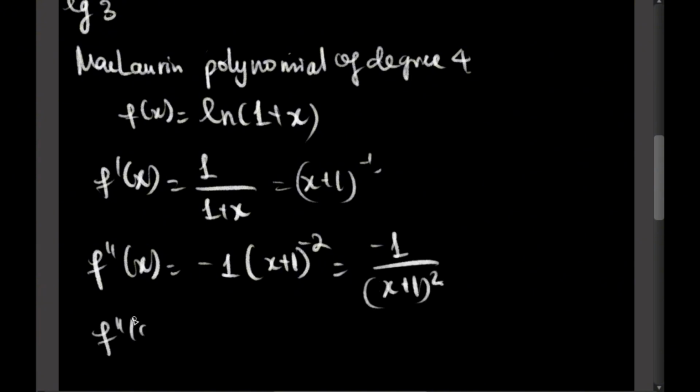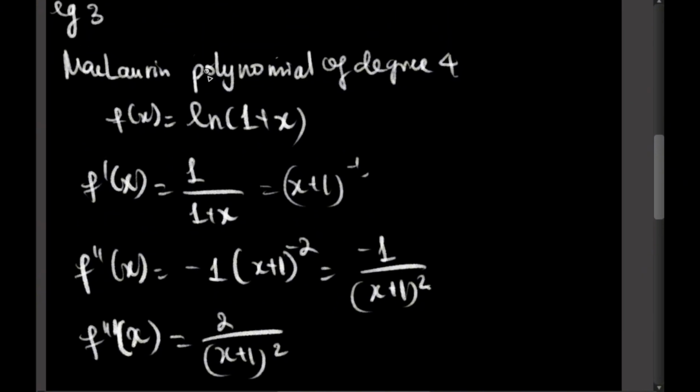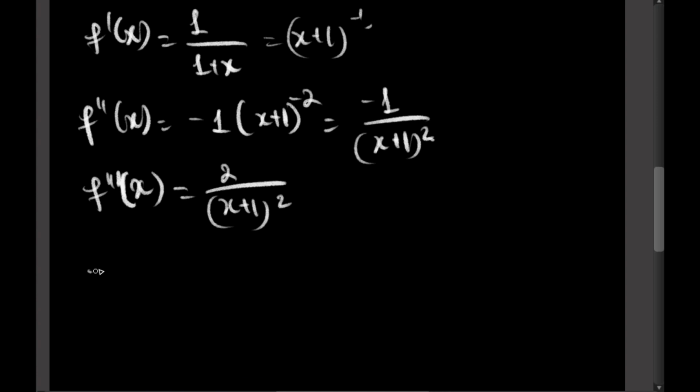So we're going to do pretty much the same thing for the third order derivative. It's going to be 2 over (x plus 1) cubed, and because we need to find the polynomial of degree 4, we need to find up to the fourth order derivative of f(x).